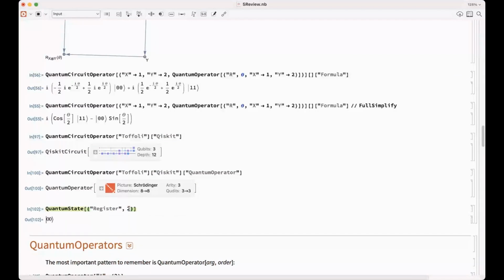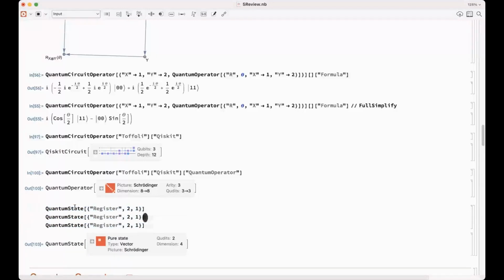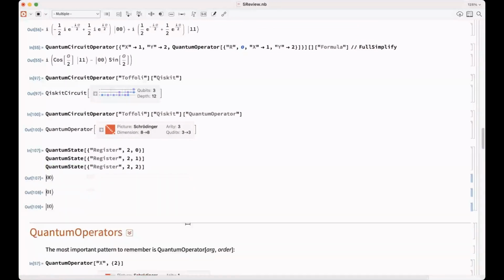You can have a third argument, and then show the formula, show the traditional form, 0, 1, 2, and you see here the usual order for register state. But if you just say register state, it usually means all of them are in the 0 state.